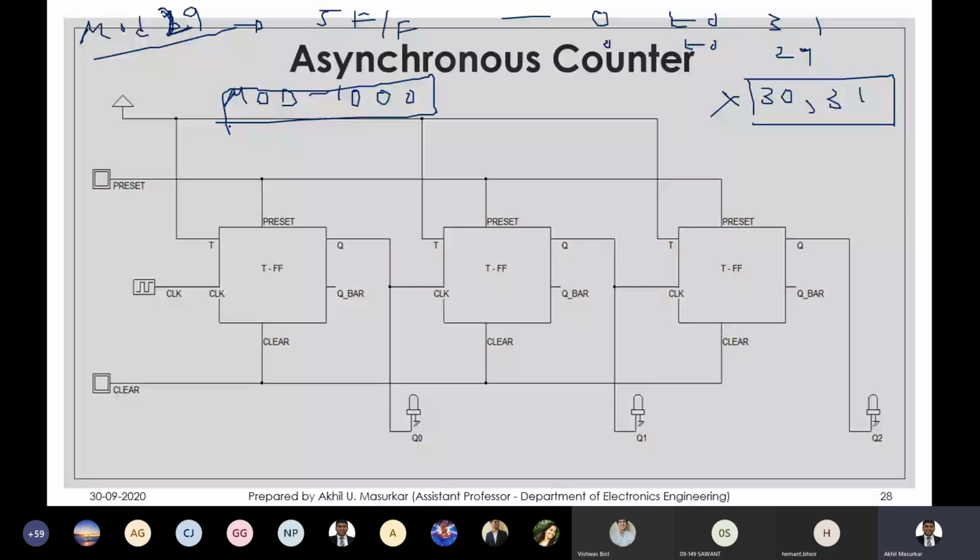So here we will also have 29. Deepak, yes, it is not 29 to 32, it is 29 to 31. Deepak is right, Sumant is also right, Asmita is also right, Hemant is also right. Now if I want to make a mod 1000 counter, tell me, which are the invalid states?